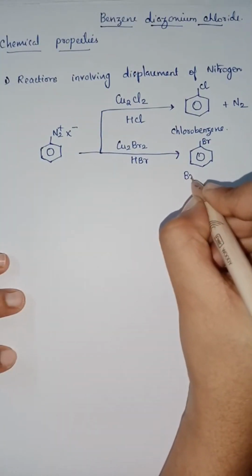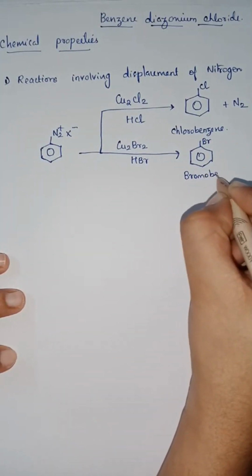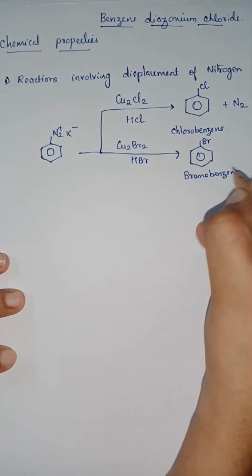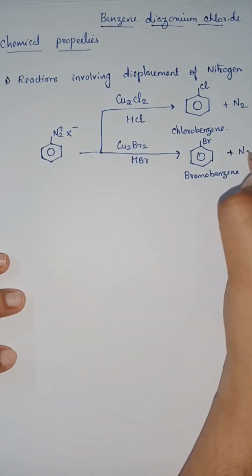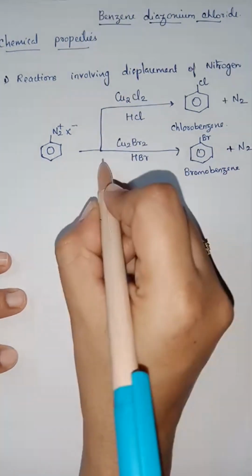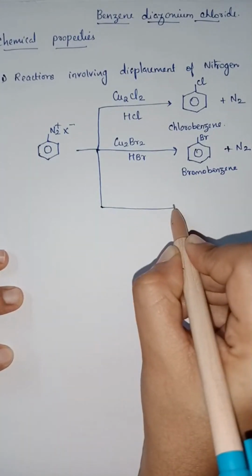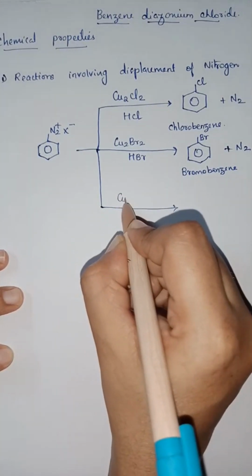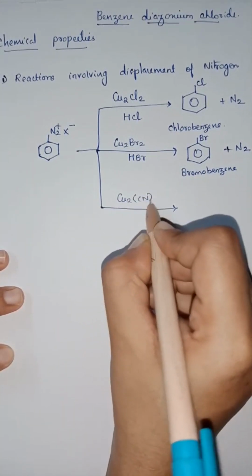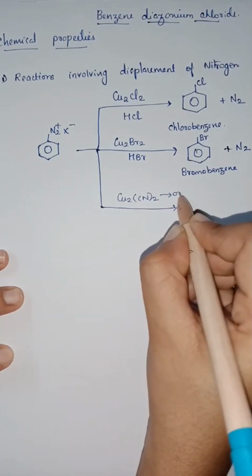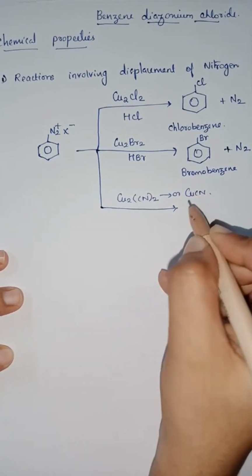So this bromobenzene can be prepared from benzene diazonium chloride, and in a similar way we can prepare cyanobenzene by the same method. For this we have to take Cu2(CN)2, or in some places it is given as CuCN.